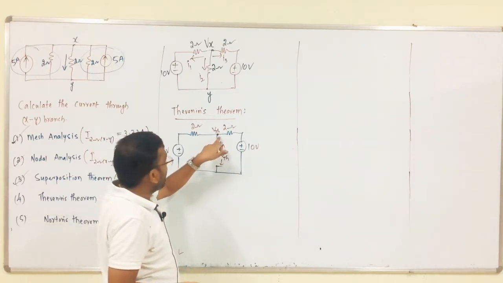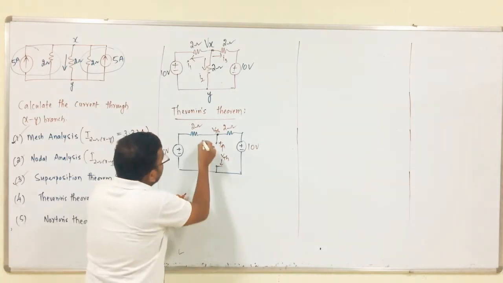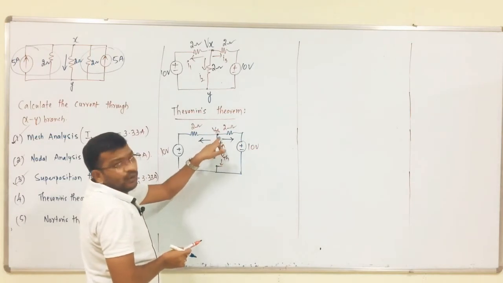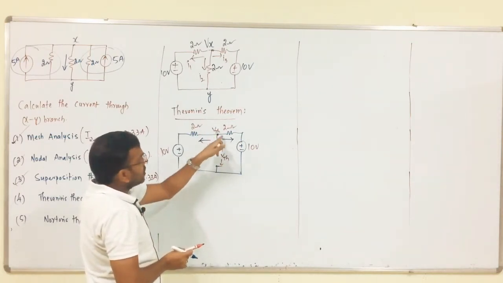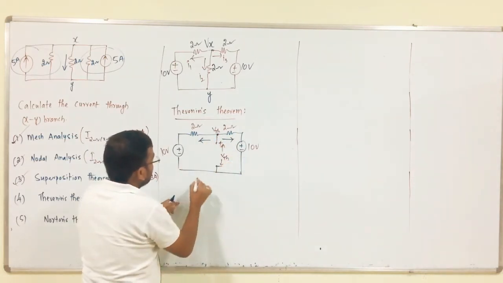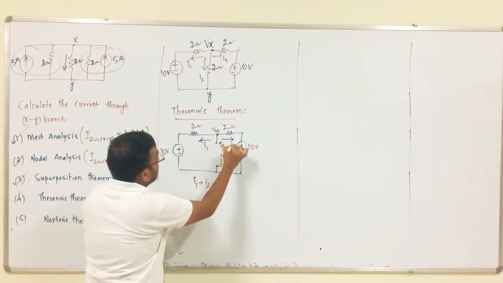Okay. Now, we have to calculate the voltage at this position. For example, this is the node, no? The current is leaving from this side to this side. Here also the current is leaving from this side to this side. So, I1 plus I2 equals 0.